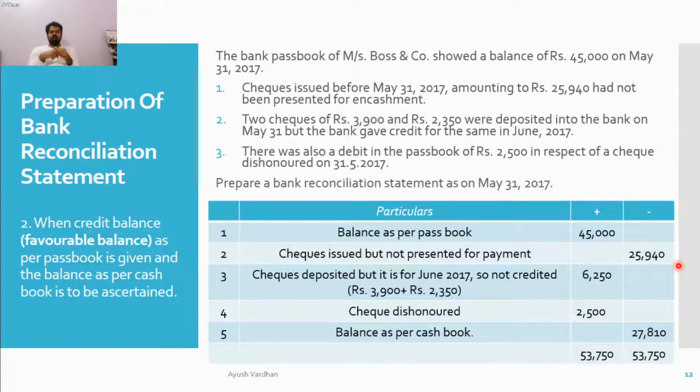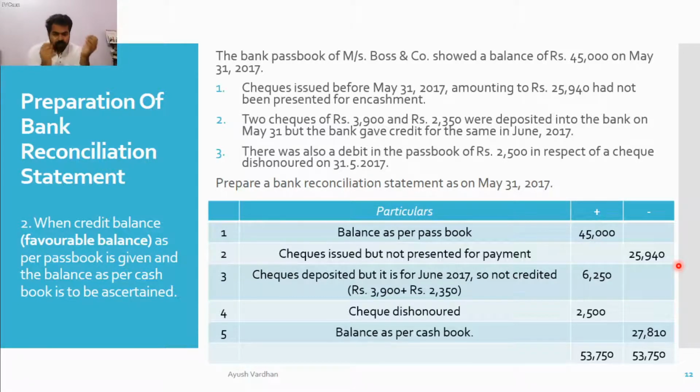There was also a debit in the passbook of 2,500 rupees in respect of a check dishonored on 31st May. So what it is saying is that the check has been dishonored. So the bank will not pay that 2,500 rupees.